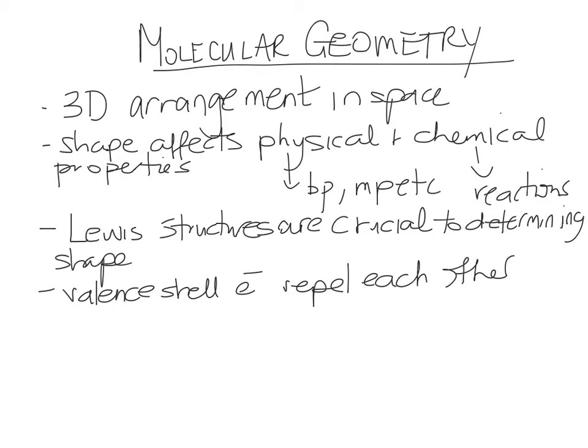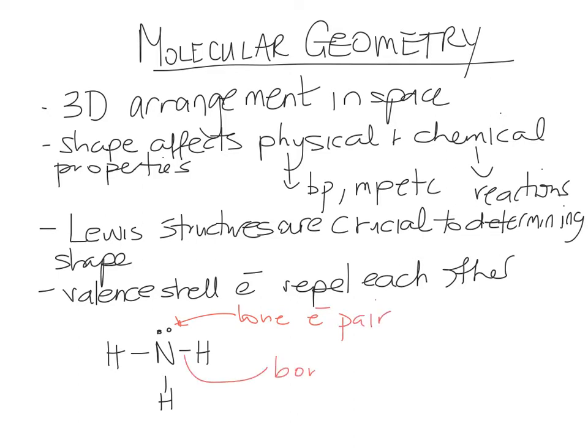Our valence shell electrons are those involved in the outermost orbit, and we have 2 types of valence shell electrons: lone pairs, and bonding pairs. These will orientate themselves so that they are at maximum distance apart in a 3-dimensional model.